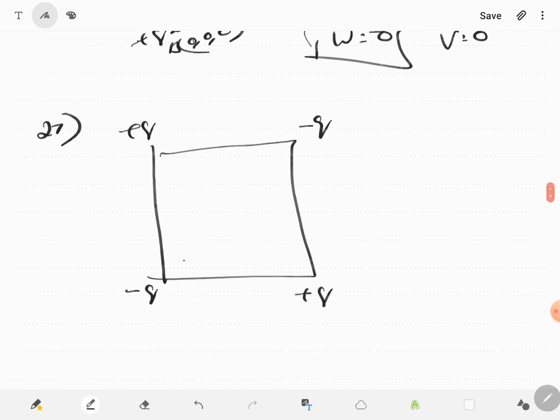So then, what is the work done to put this arrangement together? The side of the square is given to be d. Every side is d.